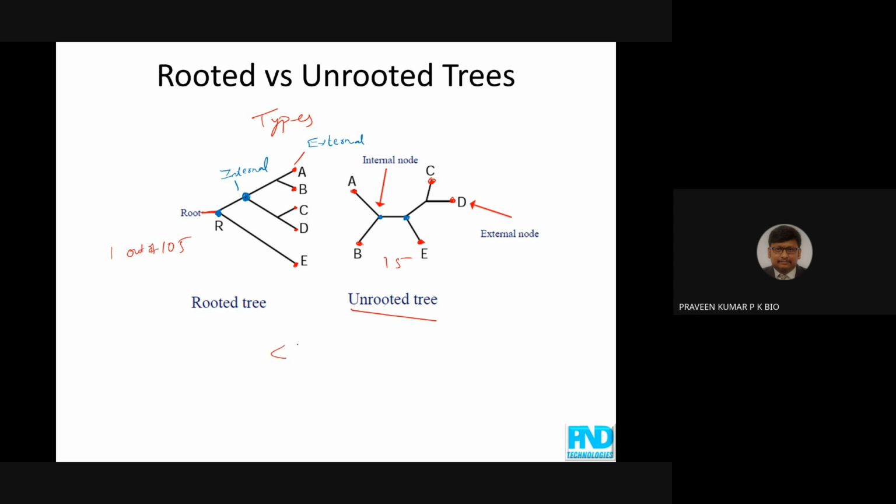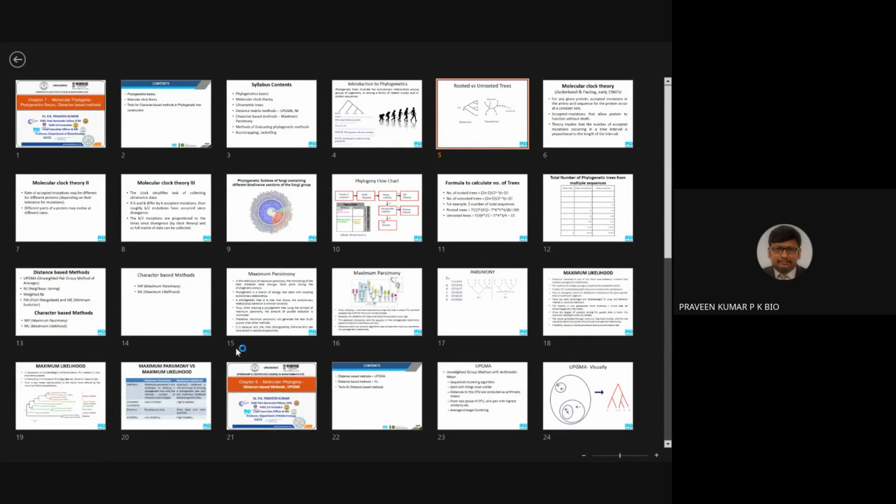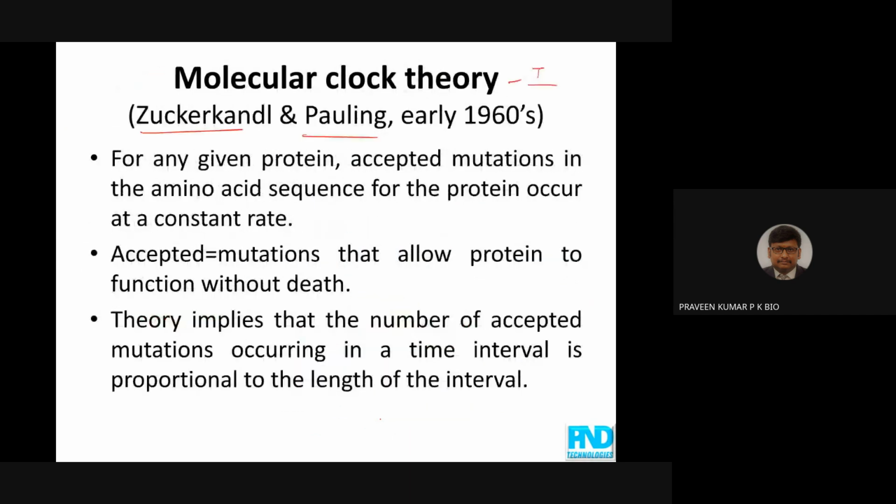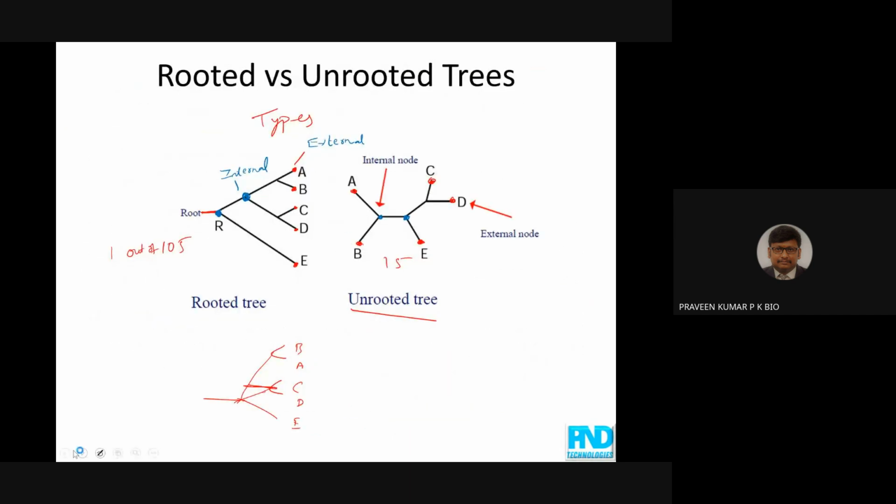The second can also be like this: B A C D E. You got it? This is actually one of them, or you have to link here, isn't it? Not this, so I use an eraser.